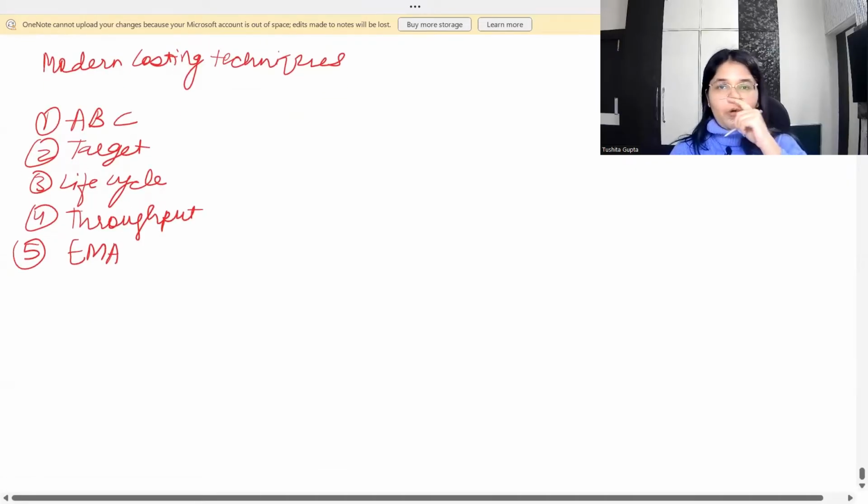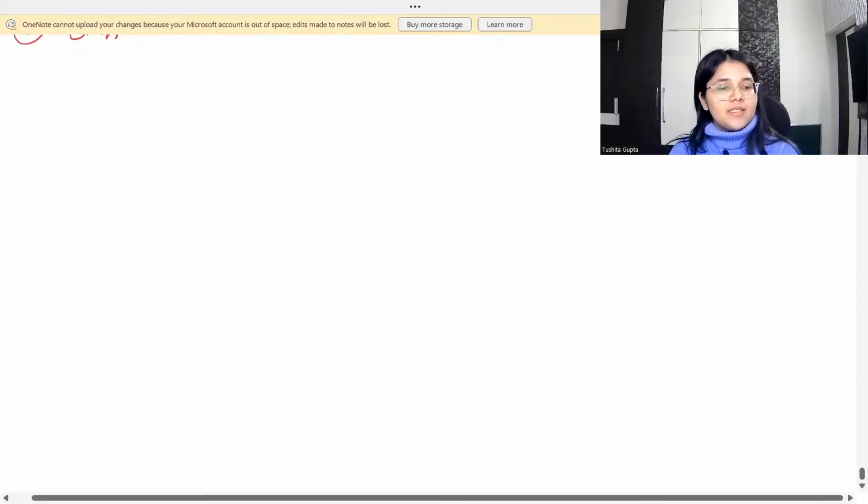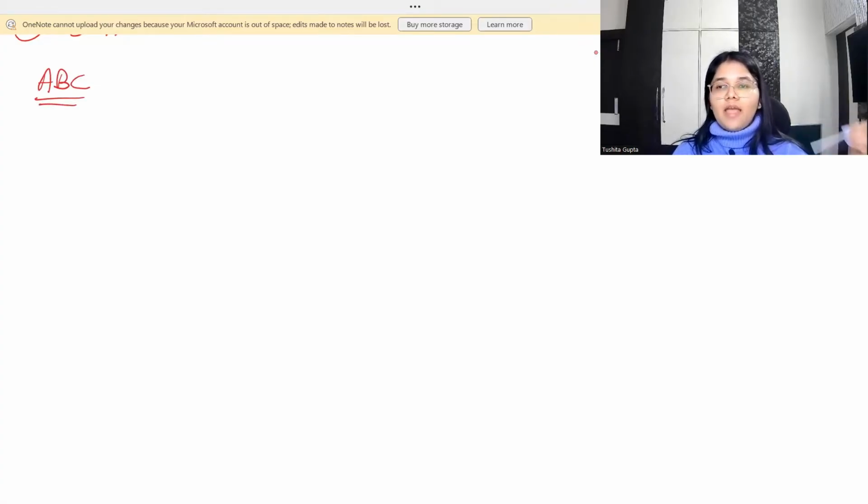Now we talk about ABC. ABC is the first technique that we are going to be discussing. First of all, what are the reasons why activity-based costing developed? Activity-based costing is primarily for overheads, for a better allocation of your overheads.